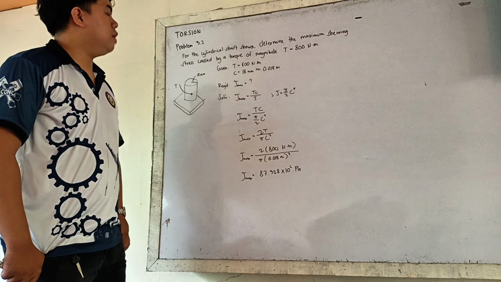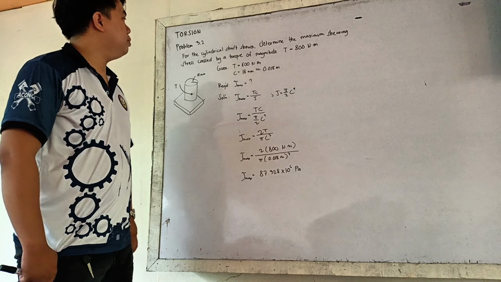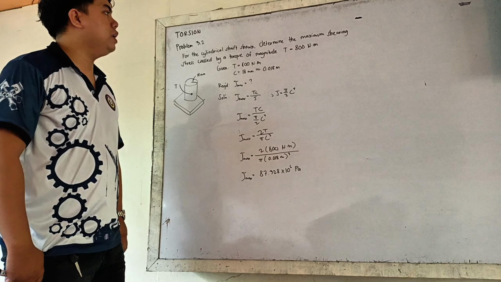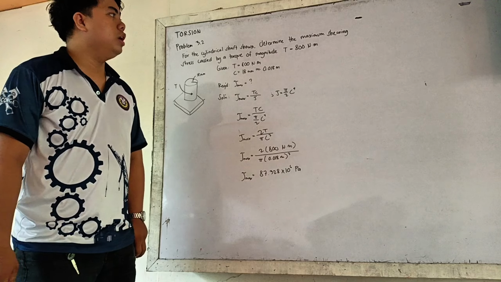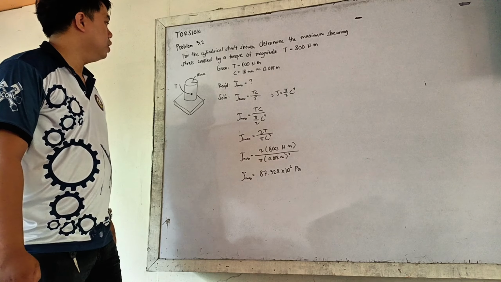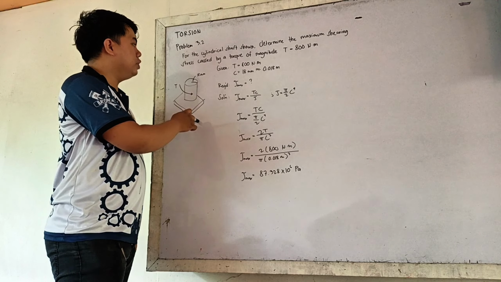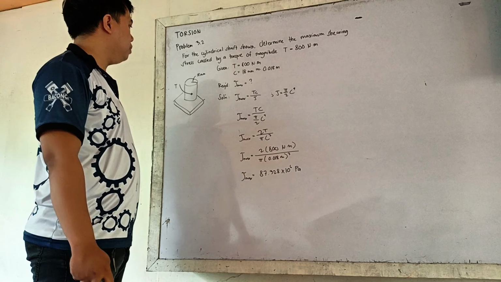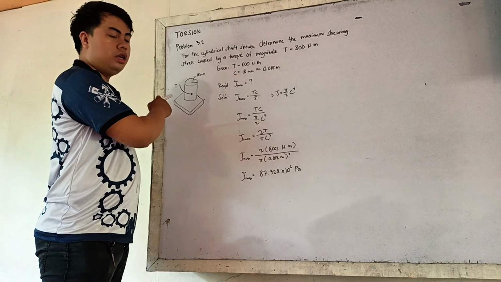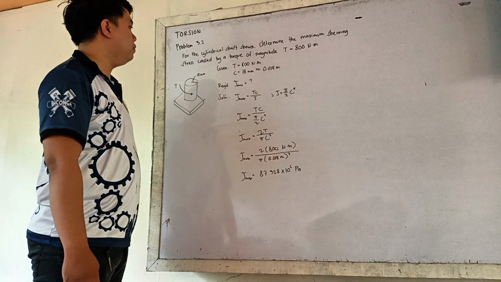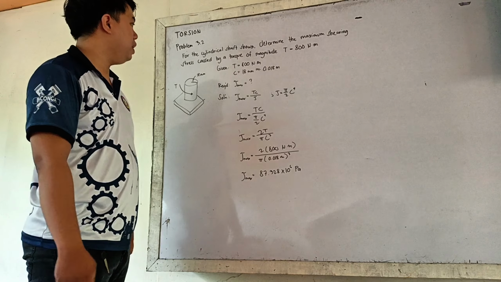On to our next problem 3.2. For the cylindrical shaft shown, determine the maximum shearing stress caused by a torque of magnitude T equal to 800 Newton meter. So as you can see, our cylindrical shaft is just the same as in the previous problem. We have T in the clockwise direction, and C is equal to 18 millimeter.